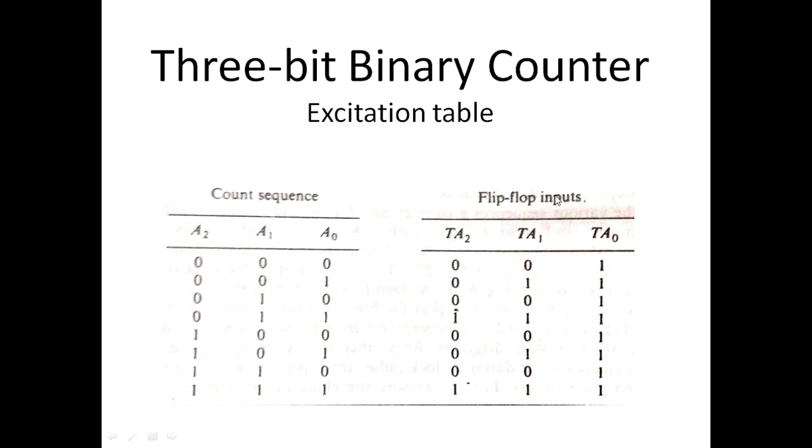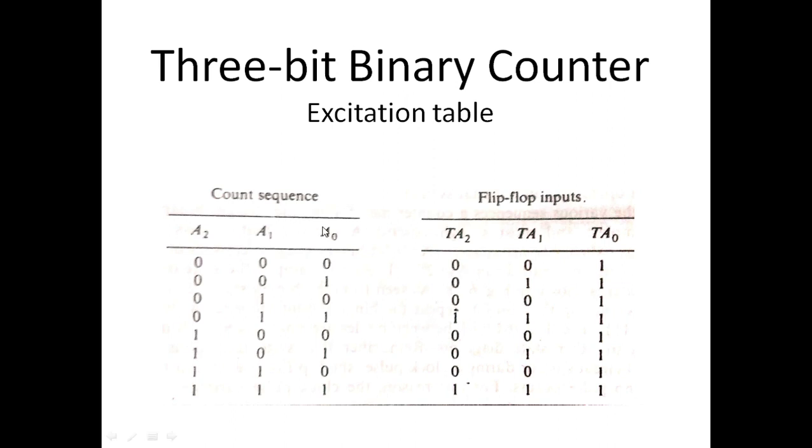Let those flip-flops be 0, 1, and 2. The T input of flip-flop 0 is TA0, the T input of flip-flop 1 is TA1, and the T input of flip-flop 2 is TA2.